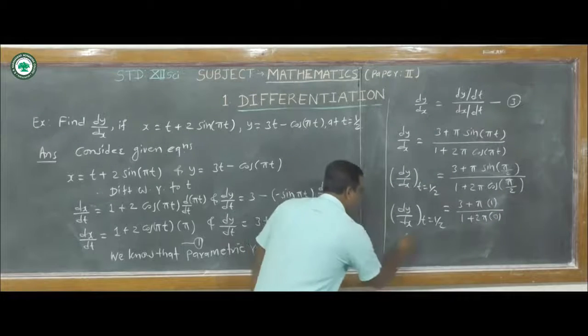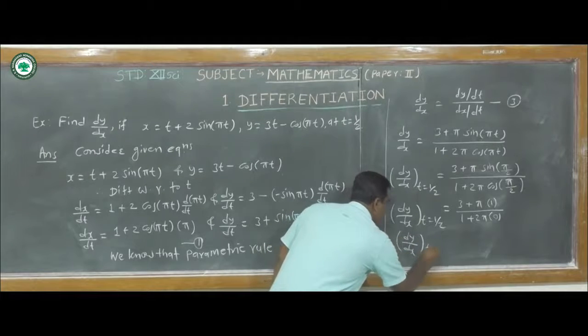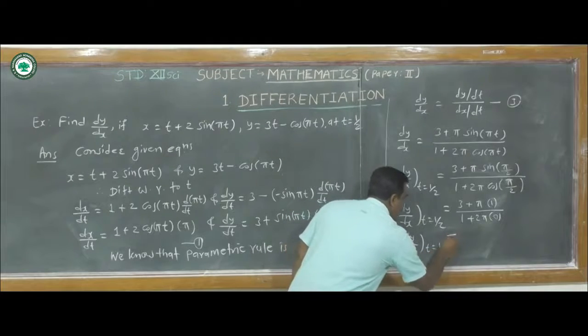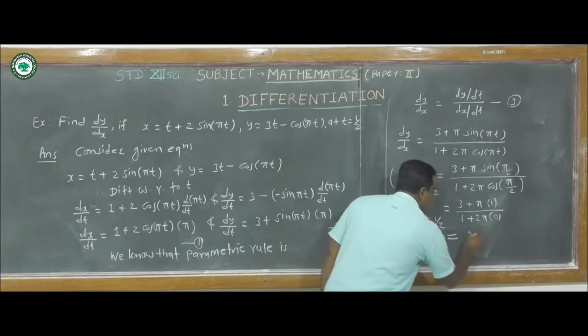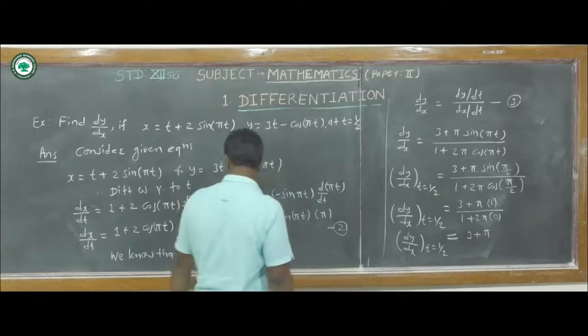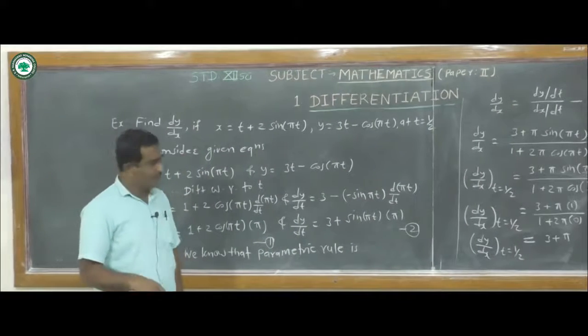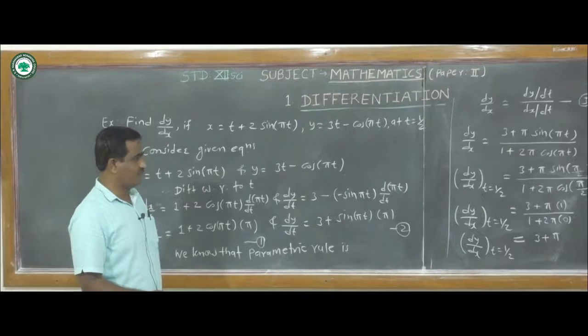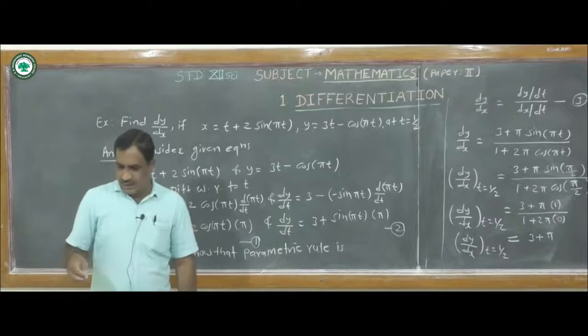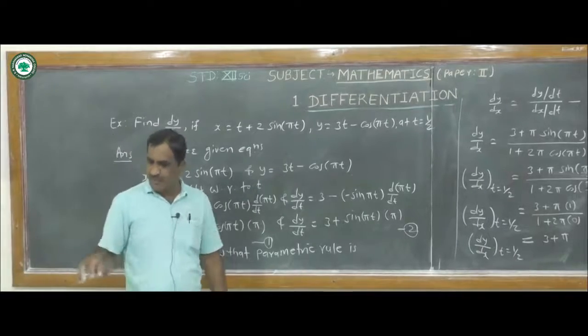Finally we get dy by dx at t equal to 1 by 2 is equal to 3 plus pi. So this is the value of dy by dx at t equal to 1 by 2. Okay. Now we see the next example, a slightly different type of example.